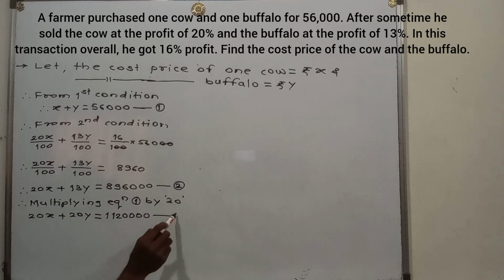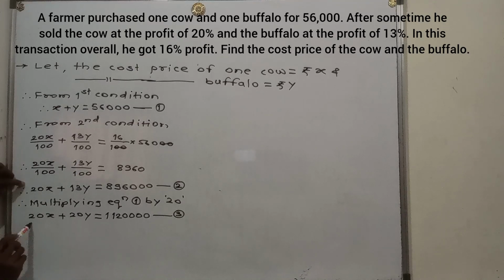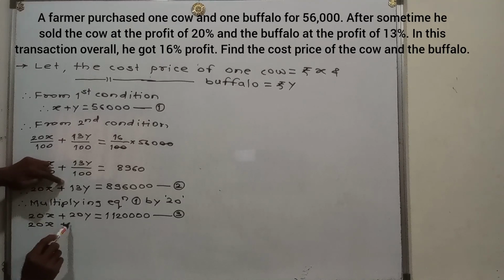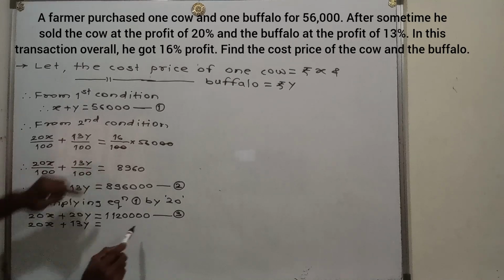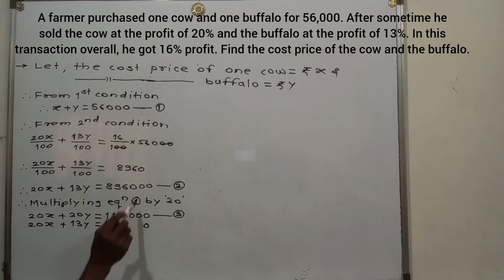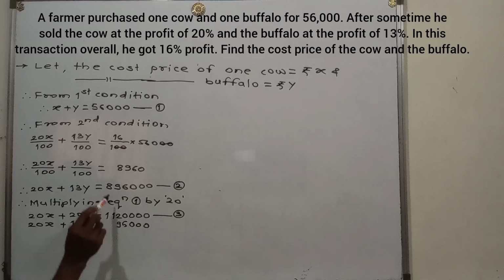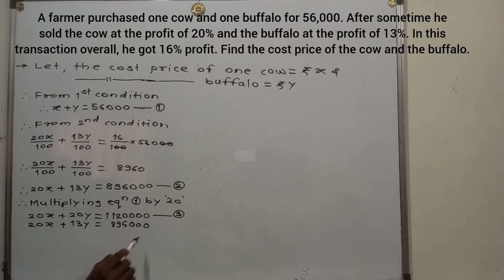Okay, this is our new equation number 3. Exactly below, we write equation number 2 is equal to 69,80,000. Write this way.